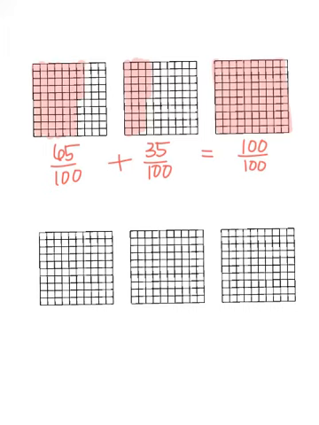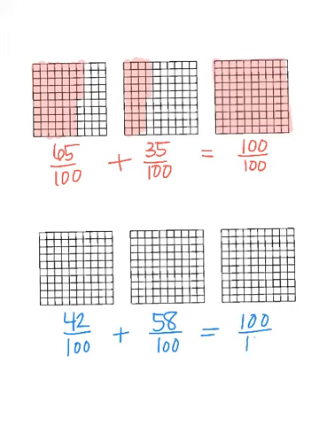Okay, so hopefully on a scratch piece of paper you figured this out. You obviously might not be able to color in because you don't have a hundredths grid there at home. But let's pretend we do: 42 hundredths plus 58 hundredths equals 100 hundredths. And now we will shade in 10, 20, 30, 42.